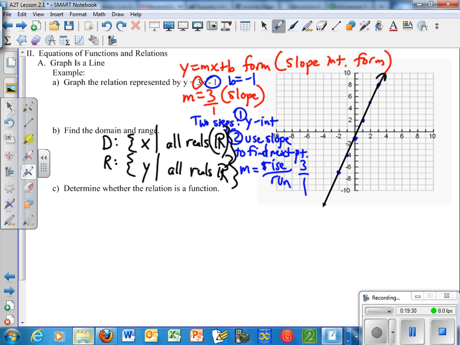So in a line, the domain is all reals, the range is all reals for this particular line. Determine whether the relation is a function. This does pass the vertical line test, so yes, it is a function. So we'll put yes, passes the vertical line test.